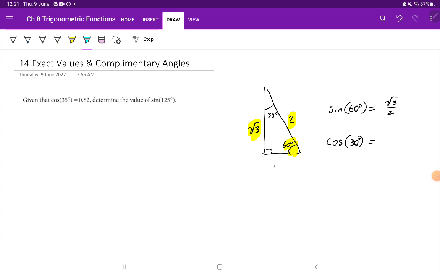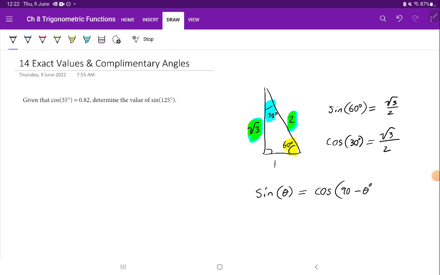And if we go for the cosine of 30, it's going to be adjacent over hypotenuse. Weird. And in fact, you can test this with any two complementary angles, is that the sine of theta is going to be equal to the cosine of its complement, which is 90 minus theta, and vice versa.